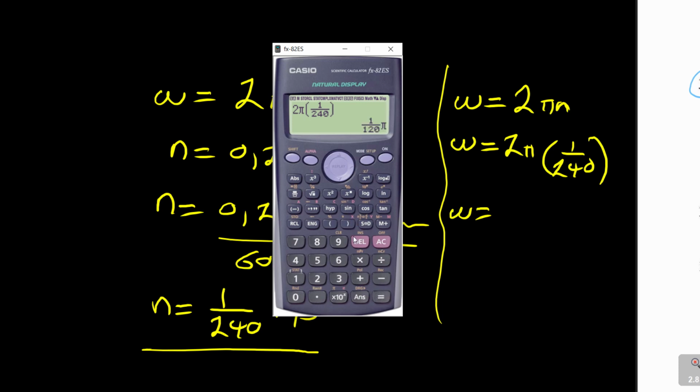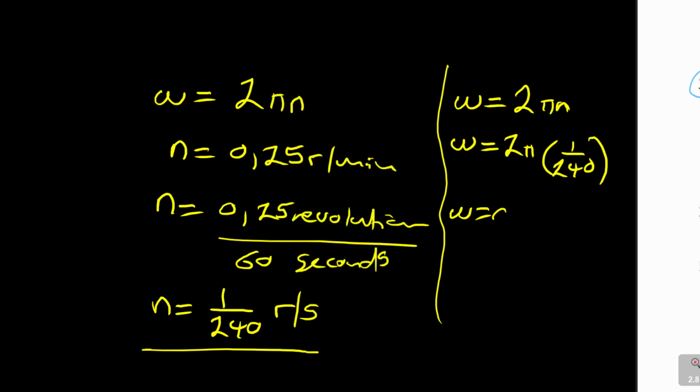This becomes 0.02617. Let's round off to 3 decimal places. Shift setup 6, and I want 3 decimal places, which is 0.026 r per second. That was that.